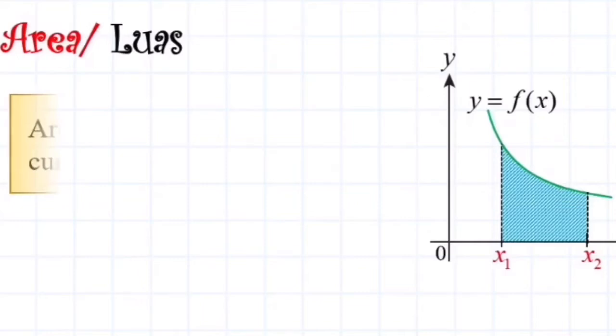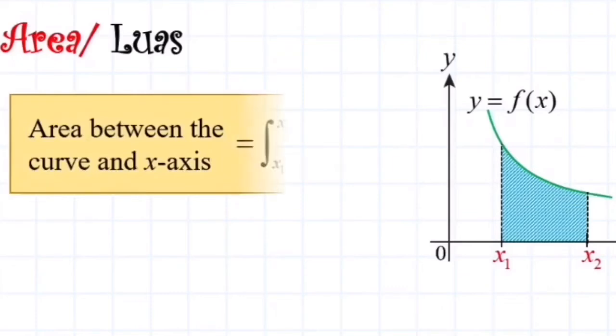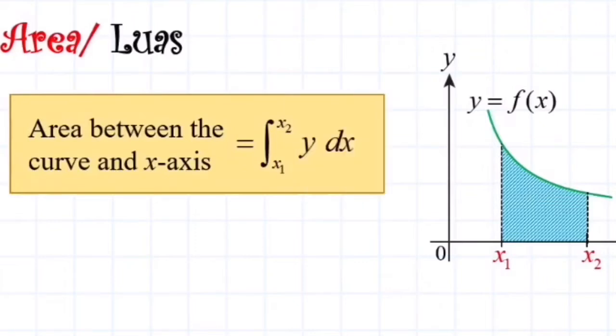This is the area under the curve, or we call it the area between the curve and the x-axis. So the formula is equal to the integral from x1 to x2 of y dx. dx means bounded by the x-axis.